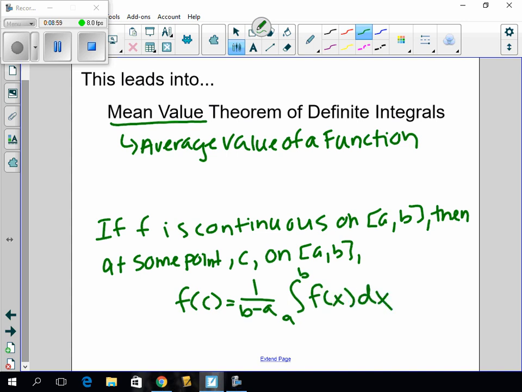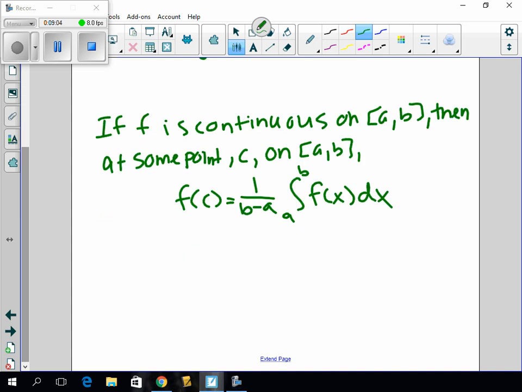So all this is saying is that it guarantees that our average value is on that interval.